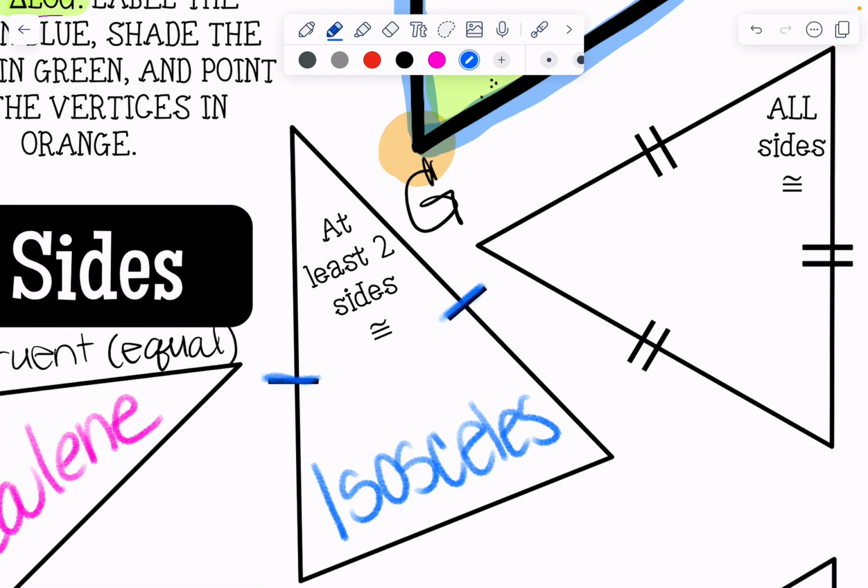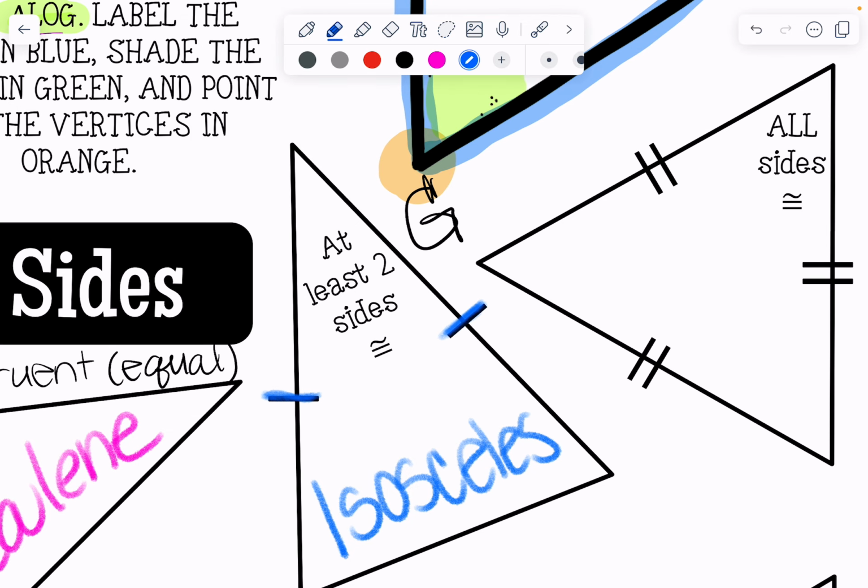So then over here on this third triangle, it says all sides are congruent. And again, notice that here we actually have double dashes. That's to tell us that this side's not necessarily congruent to these sides on the isosceles triangle, but that these three sides are all congruent to each other.